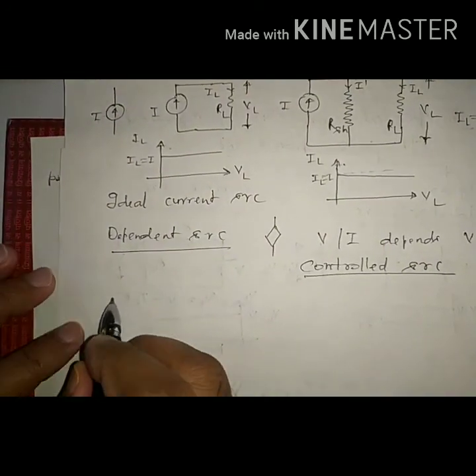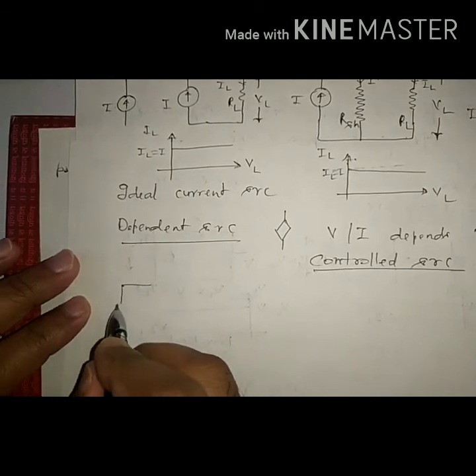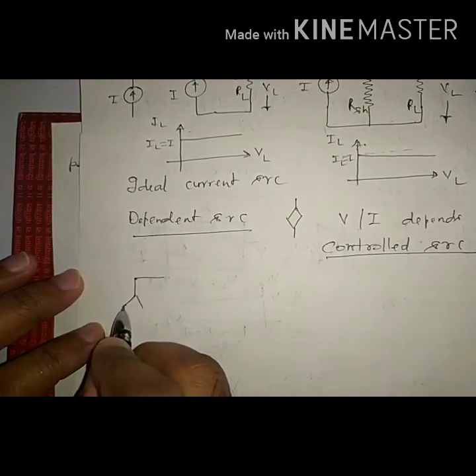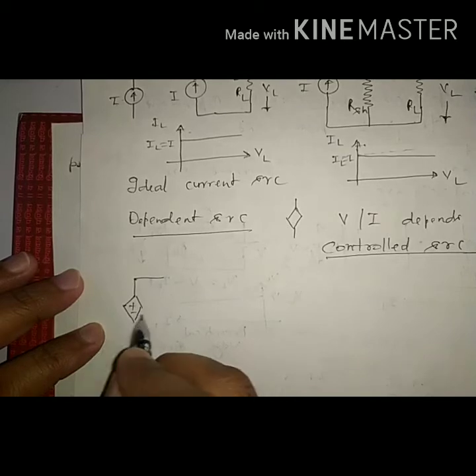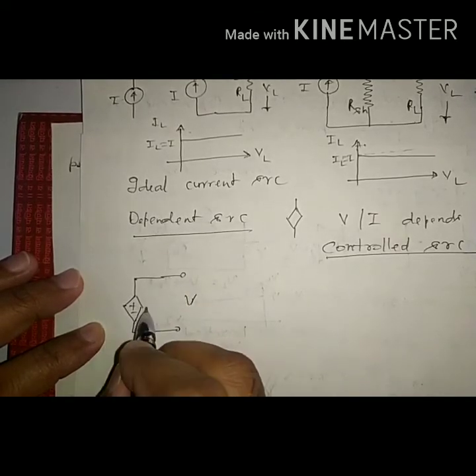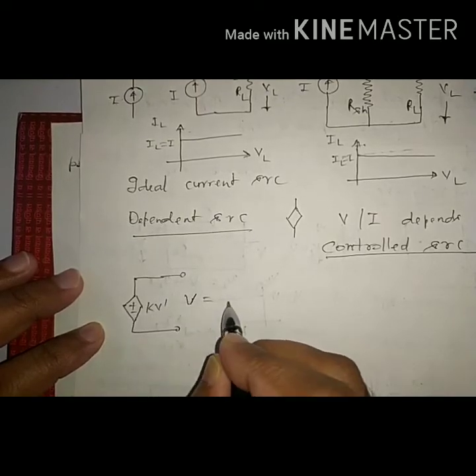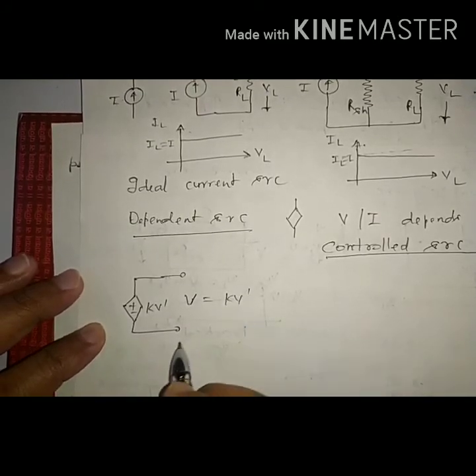So these are classified as follows. This is one source, plus minus, this is the voltage, and here one more voltage is there, kV dash. So I can write V equals kV dash.